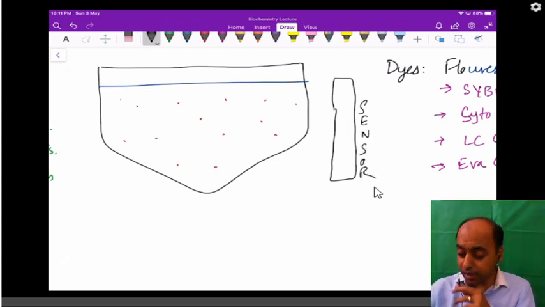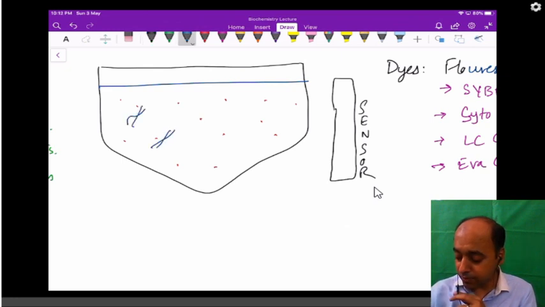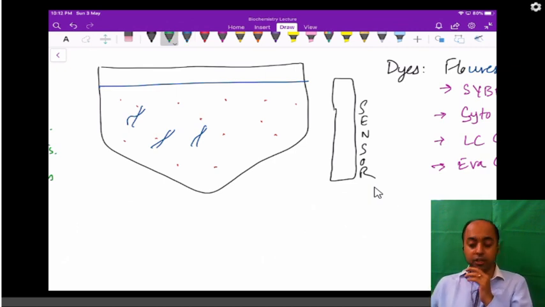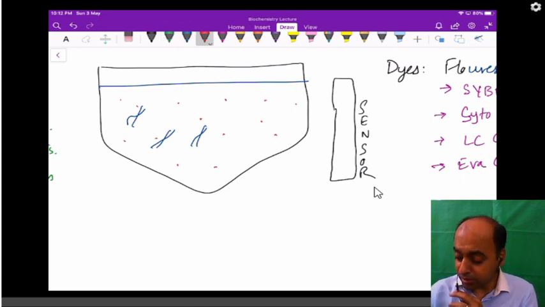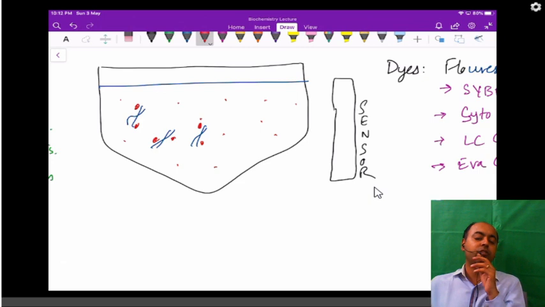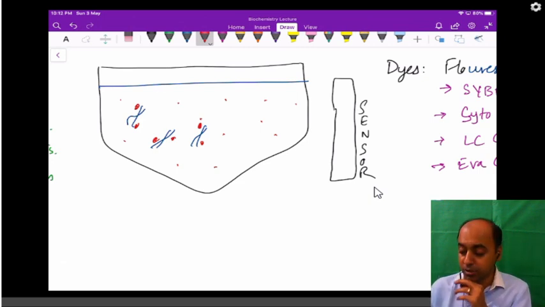And then we add the reagents and allow the reaction to complete. Please note I am drawing the new DNA with green color. Initially some of the dyes are attached to these DNA particles and a background fluorescence is obtained, even before we have started the PCR.